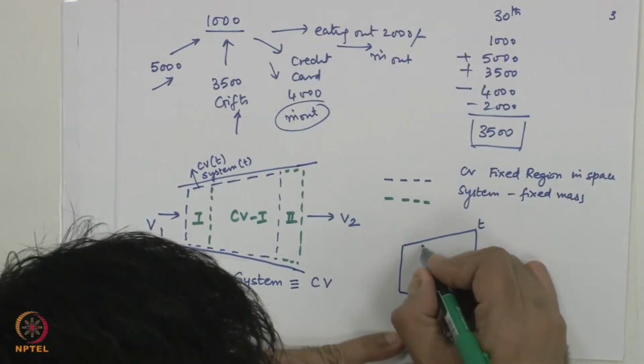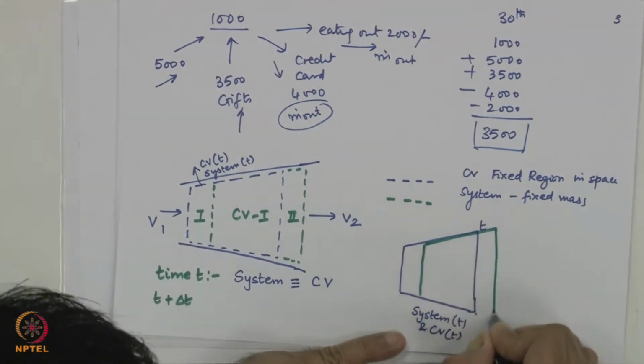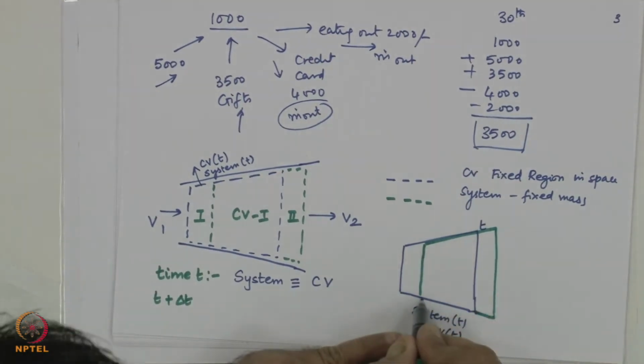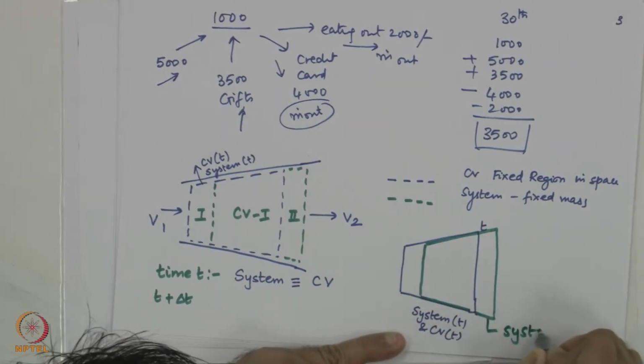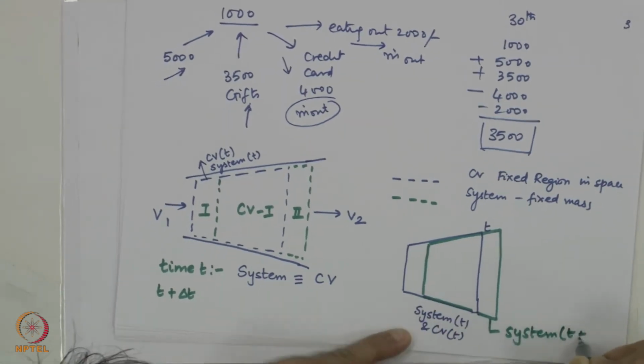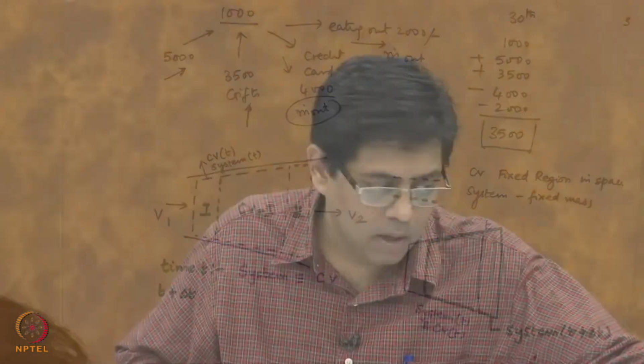And at time t plus delta t, the green one is the new system at t plus delta t. Why is it not the control volume? Because control volume is a fixed region. So if I say A, B, C, D, CV is always A, B, C, D.